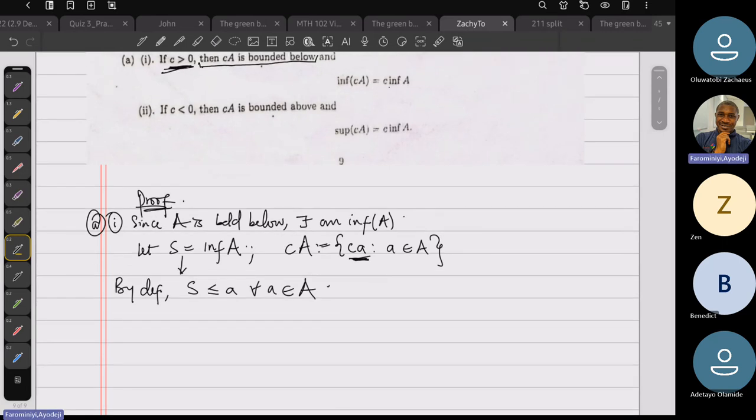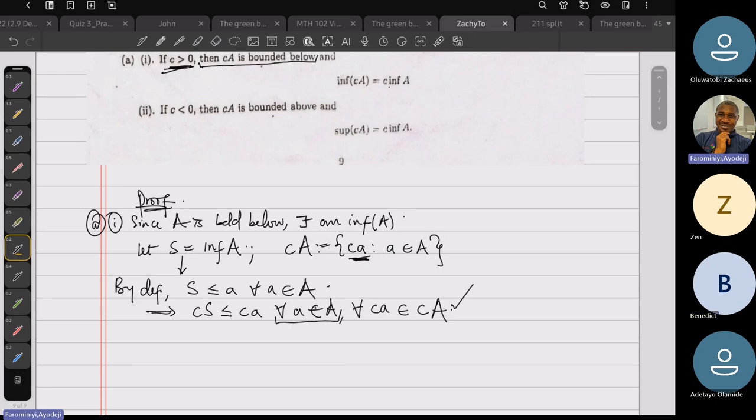So this implies that CS is less than or equal to CA for all A in A, or for all CA in CA. Do you understand? Good. The first one is not really important, but this is the important one: for all CA in CA.